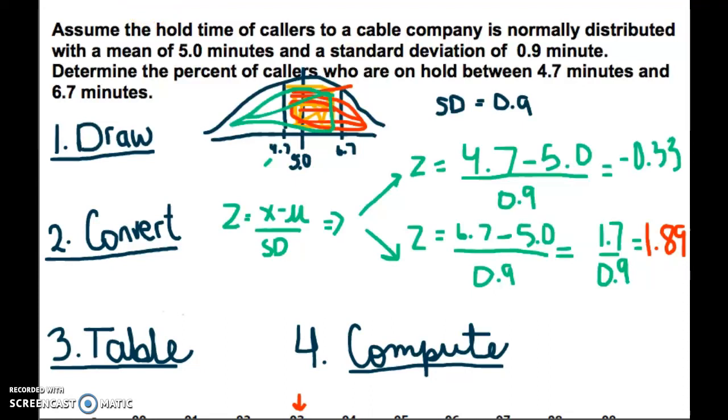But what we're going to see here is we actually end up with a nice decimal of negative 0.33. And that's a value that's going to be looked at here with the 4.7.